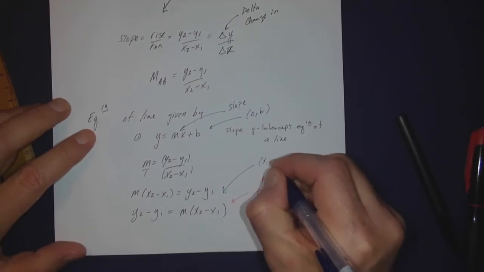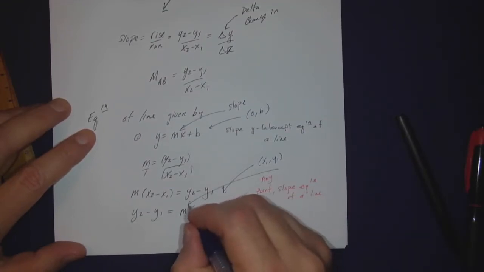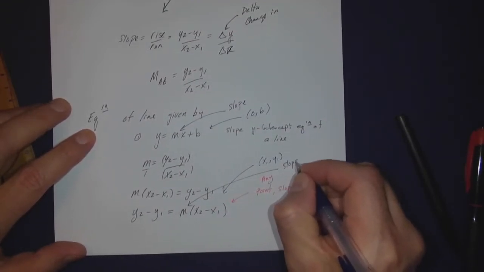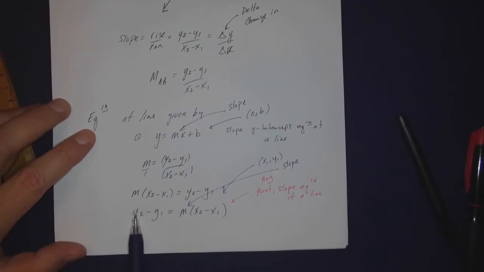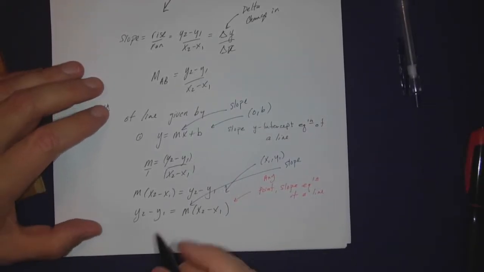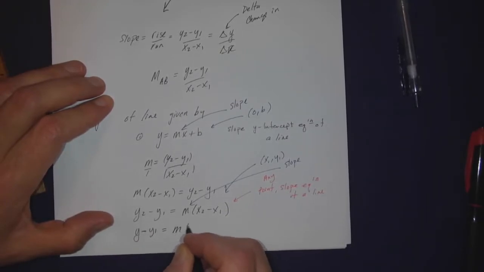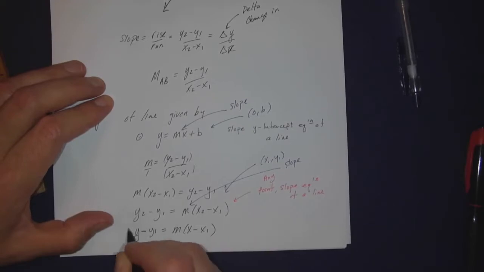So we're going to be given x1 and y1. We're going to figure that out. We're going to know the slope. And we're going to allow y2 and x2 to be the variables in the actual line equation. So this is actually going to be written as y minus y1 equals m(x minus x1).